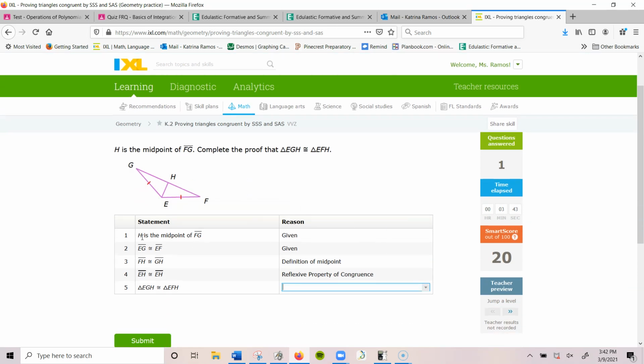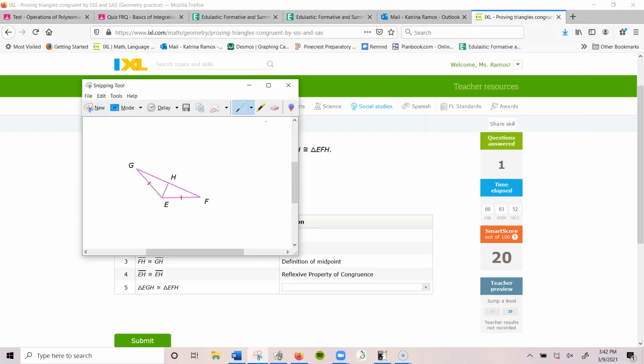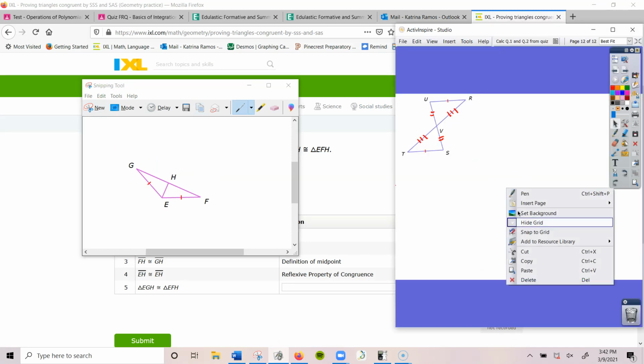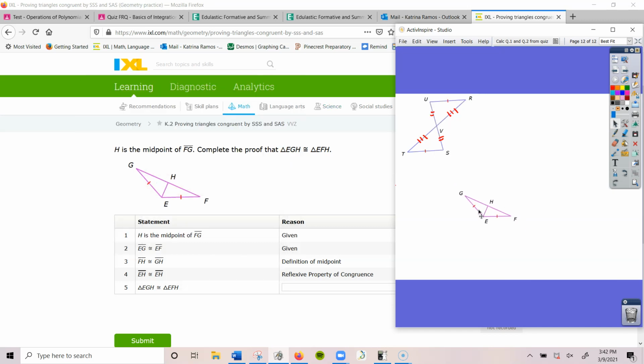Now here we have that H is the midpoint of FG. So again, I'm going to copy this diagram here, just so we can mark it up. So we have that EG is congruent to EF, which is already marked for us.